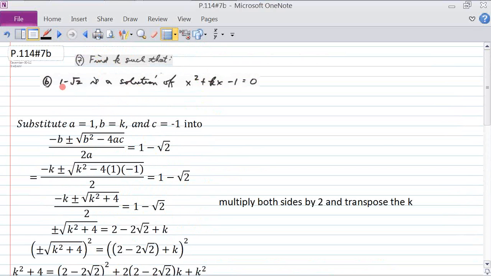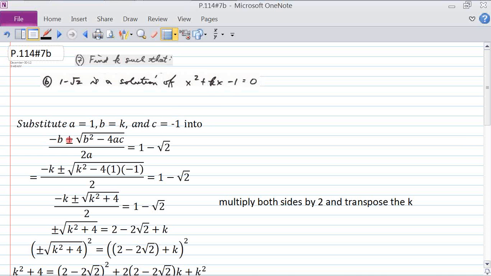Find k such that 1 minus root 2 is a solution of x squared plus kx minus 1 equals 0. So what we're going to do is look at this equation. a is 1, b is the coefficient of x, which is k, and c is minus 1.